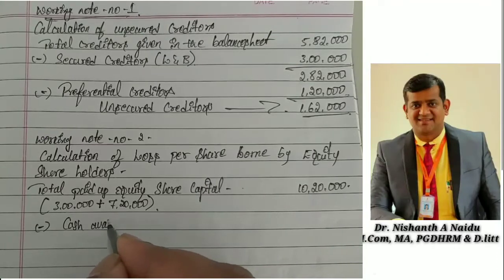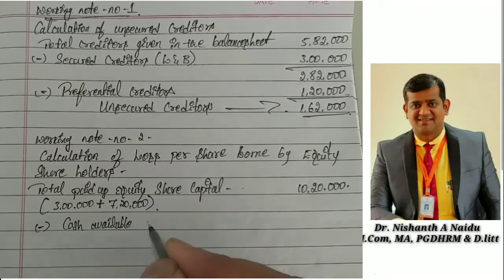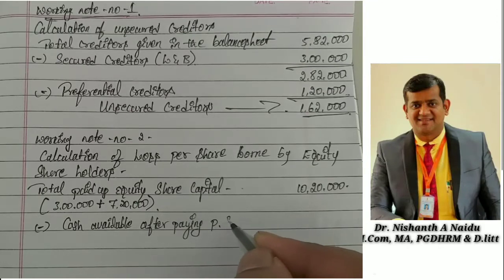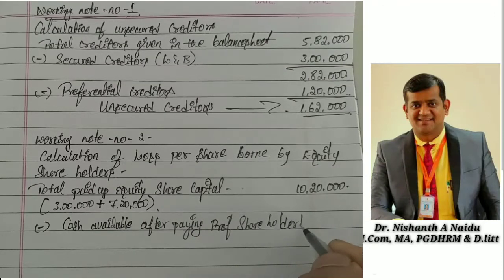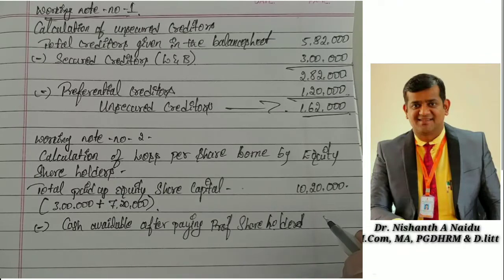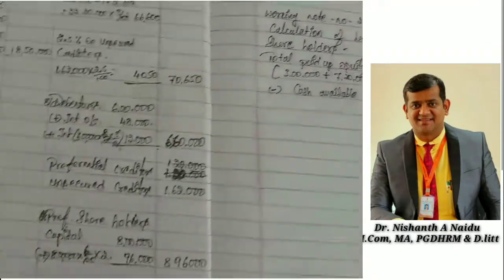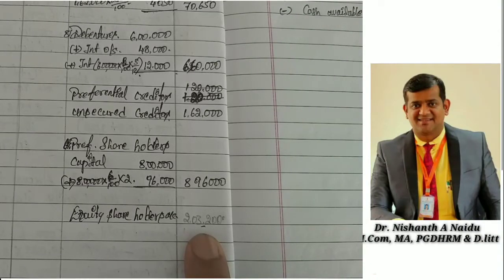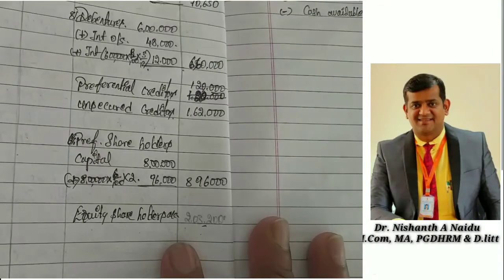Now less cash available after paying preference shareholders. How much cash do they have after paying preference shareholders? That is what I have calculated here: 2,03,200.